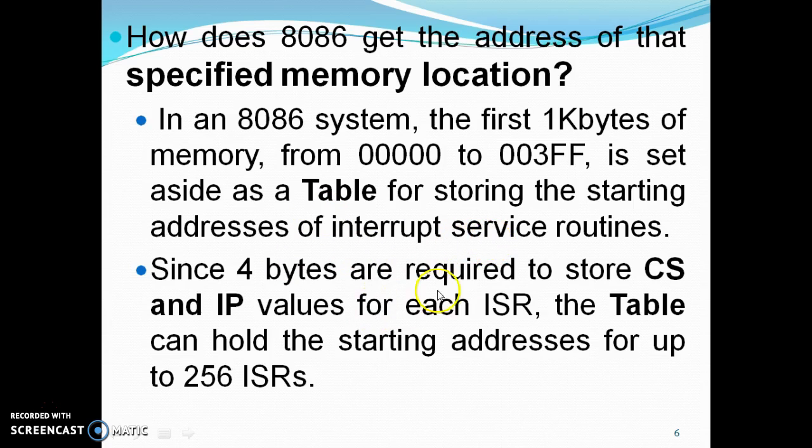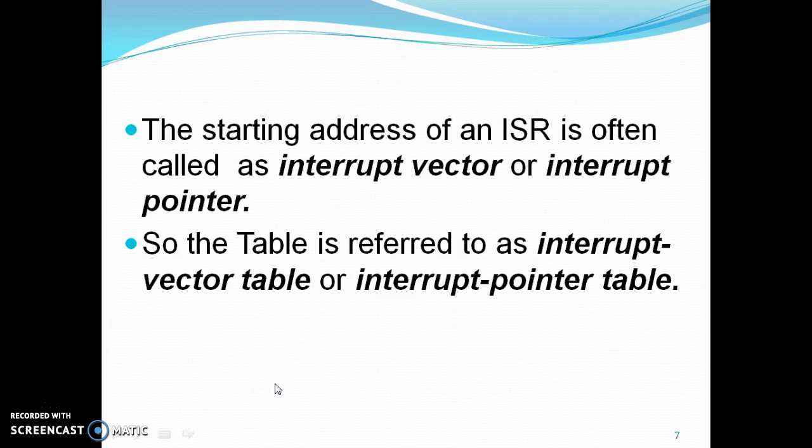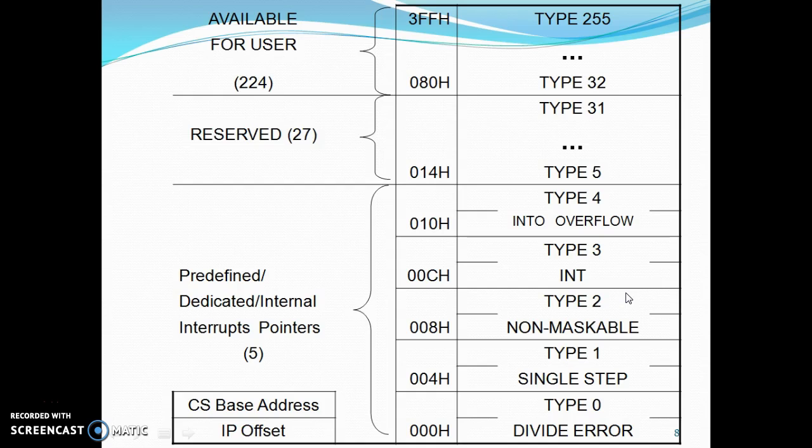Since 4 bytes are required to store the CS and IP values for each ISR, the table can hold the starting addresses for up to 256 ISRs. Now the starting address of an ISR is often called an interrupt vector or interrupt pointer, and so the table is referred to as the interrupt vector table or interrupt pointer table. Now we will see the interrupt vector table in detail.